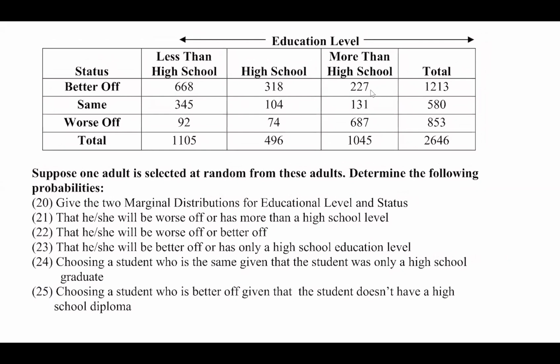I could either find the probability that someone has less than a high school degree education, or the probability they have a high school degree education, or the probability they have more than a high school education. Each one of these will be considered a marginal distribution because we're finding the probability of the column.